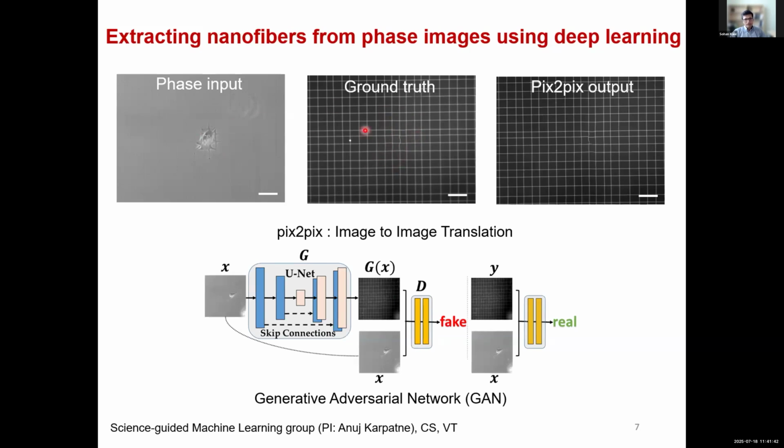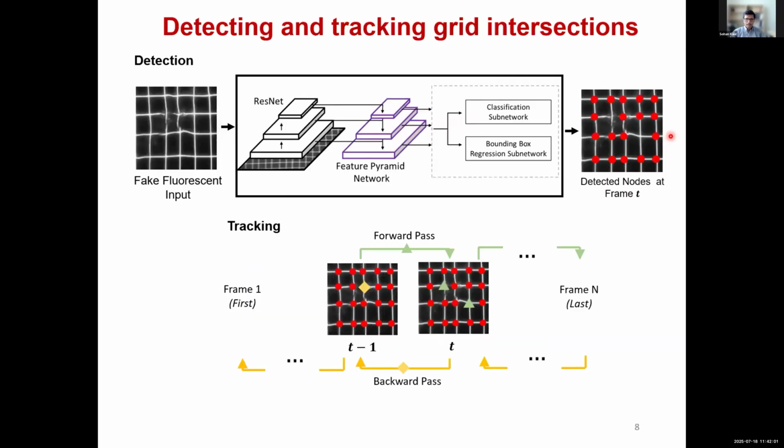And with enough examples, we can extract the fibers directly from the phase input images without having to go through a fluorescent labeling of the fibers. Once we have these images of deformed fibers, we can extract the deformation by tracking where the intersections of the fibers are going.